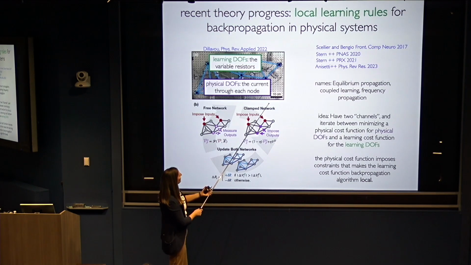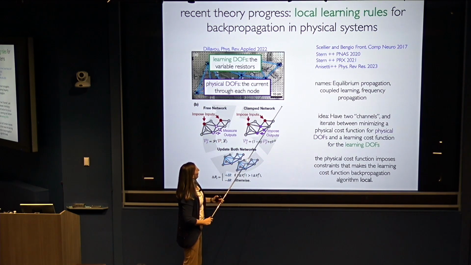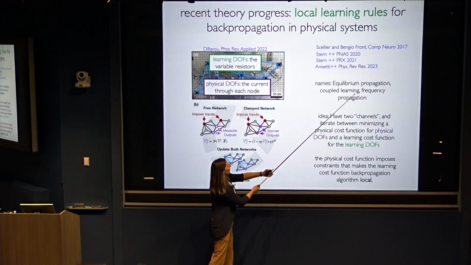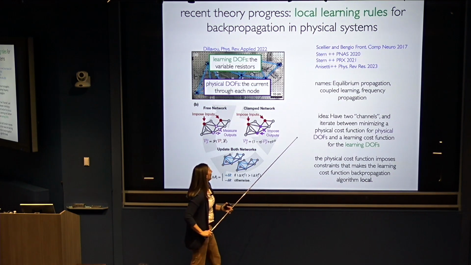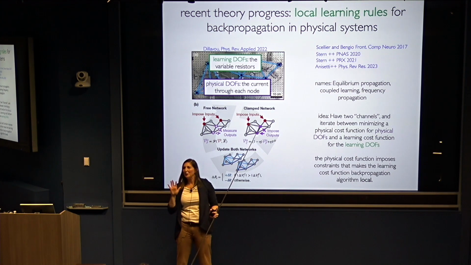Okay, and so I just want to say there's been really nice progress in theory, very recent, and it comes by a bunch of different names: equilibrium propagation, coupled learning, or frequency propagation. Basically, you can do it.